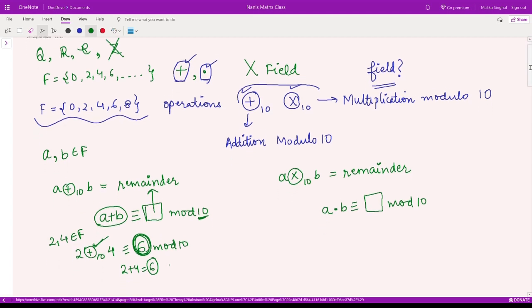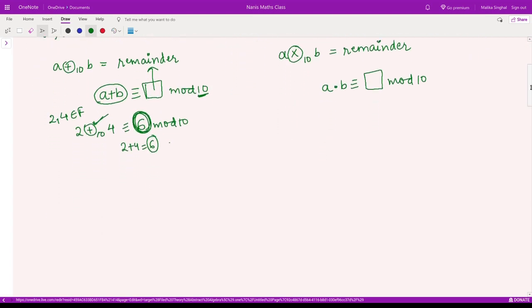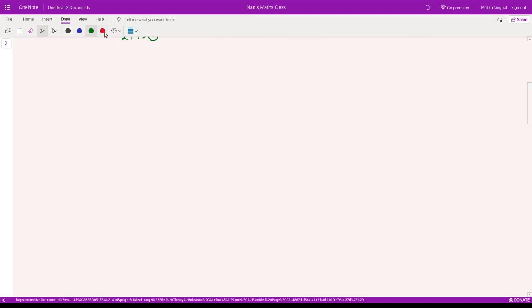So now let us see whether this is a field or not. For that purpose, I am creating this addition modulo 10 table, where I am writing the numbers 0, 2, 4, 6 and 8. I have 5 numbers and I am writing them here as well, 0, 2, 4, 6 and 8, right?